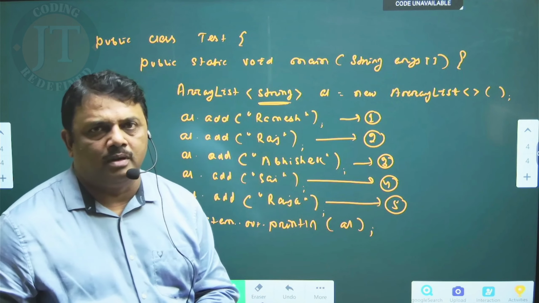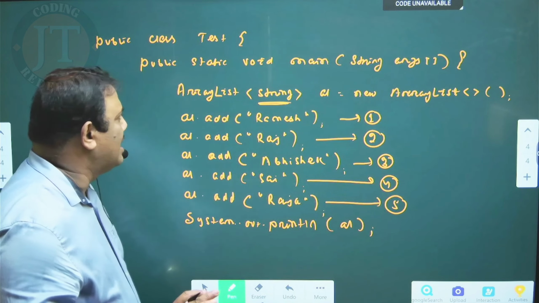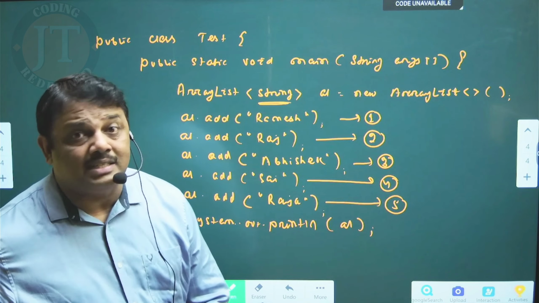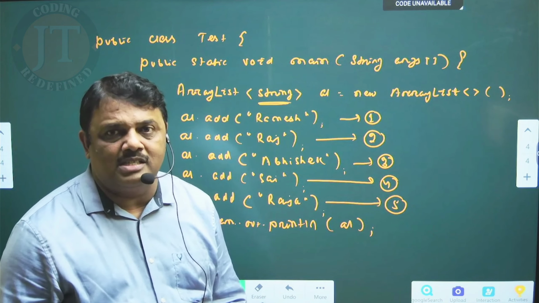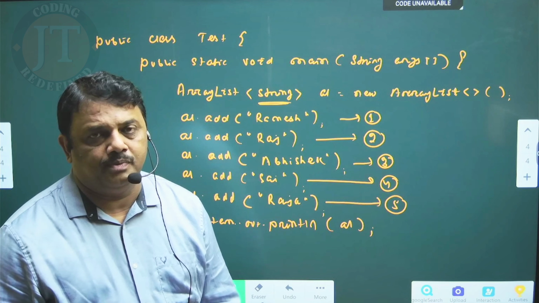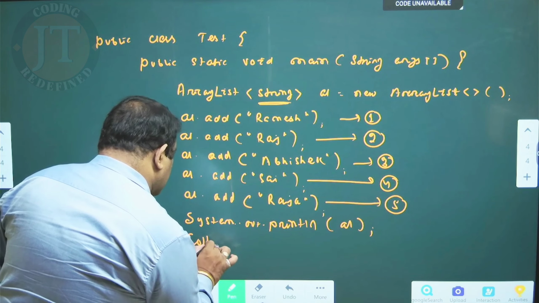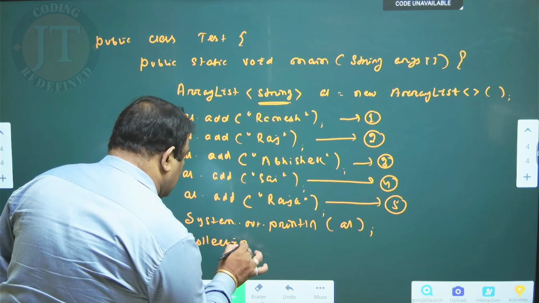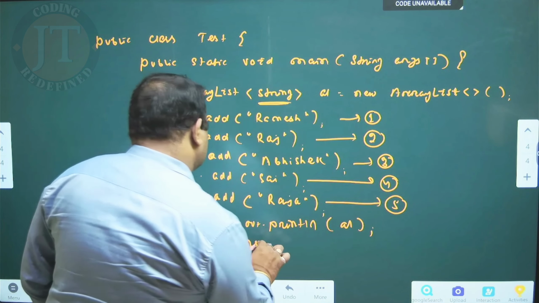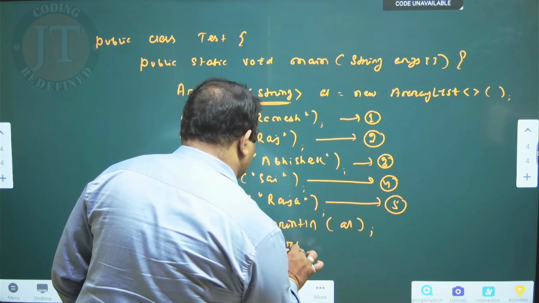How is it possible? In Java there is a utility class, and the utility class name is Collections. Now what I can do here, Collections.sort. Sort is a method.